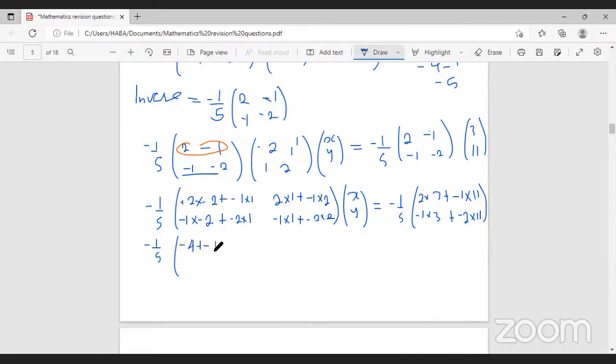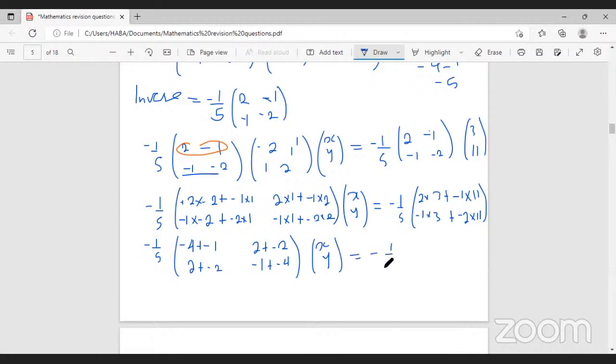Negative 1. 2 times 1? 2. Negative 1 times negative 2? Positive 2. Negative 2 times 1? Negative 2. Negative 1 times 1? Negative 1. Negative 2 times 2? Negative 4. Then multiply this by xy.